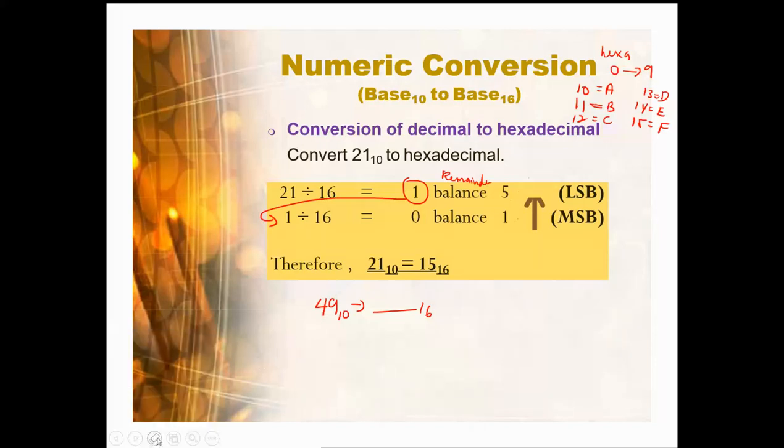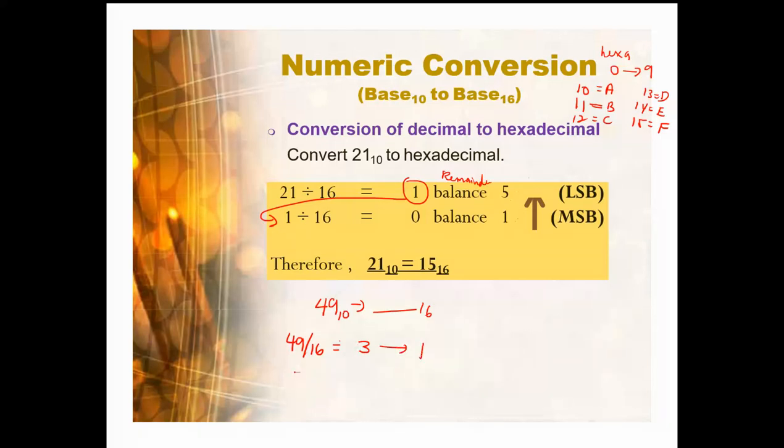So 49, you divide by 16. So what's your answer? 49 divided by 16, you have 3, because 3 times 16 is 48. So you have a balance of 1.